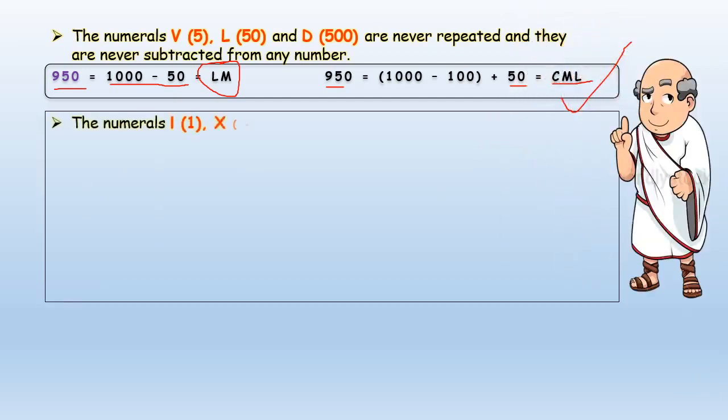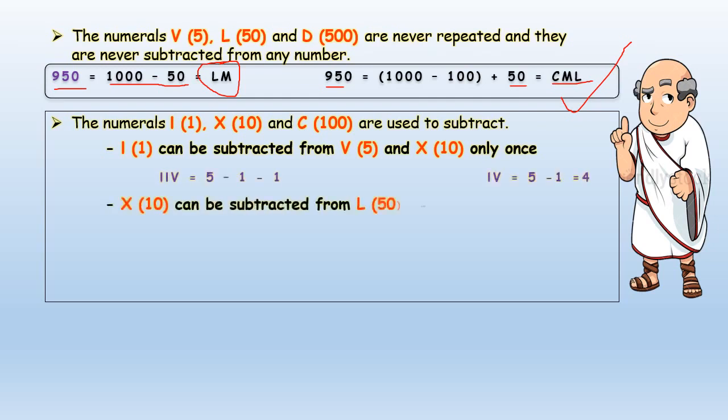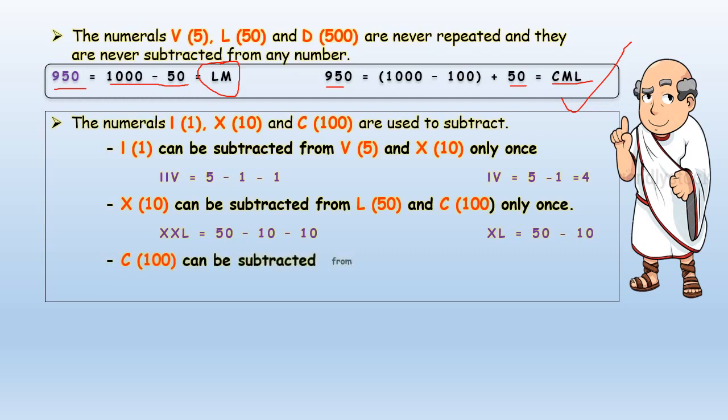Now see what the next rule says. The 6th rule says the numerals I, X, C, that is 1, 10 and 100, are used to subtract. But there is one rule which we have to keep in our mind. First, I can be subtracted from V and X. That means 1 can be subtracted from 5 and 10, but only once.